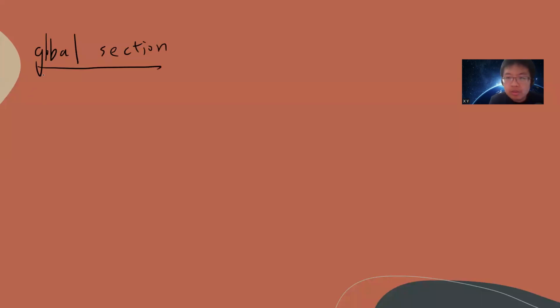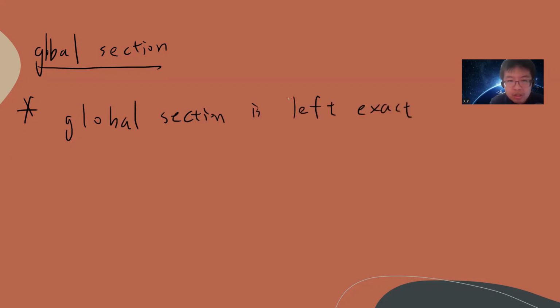The most important fact about global sections is that what we're going to prove is that the global section functor is left exact. Somebody gives you the sheaf exact sequence.